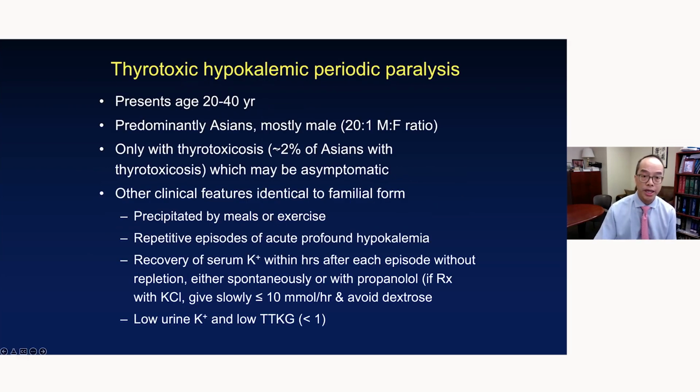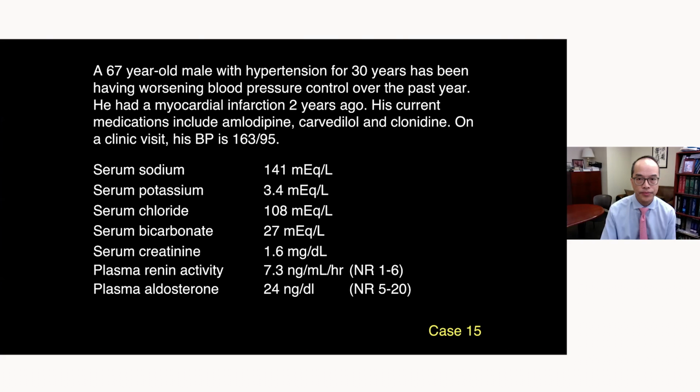There's a rare genetic form and a common acquired form that's associated with thyrotoxicosis, occurs in young Asian males, and in this case, the potassium recovers either spontaneously or with giving propranolol. The mistake here is to load the patient up with too much potassium that can cause dangerous rebound hyperkalemia.